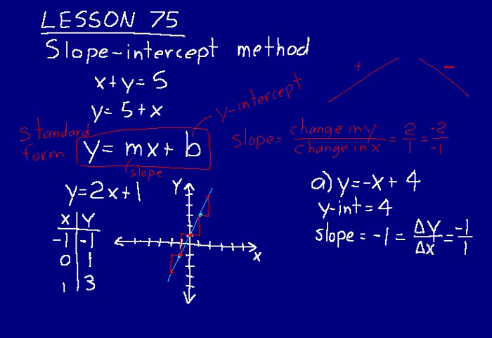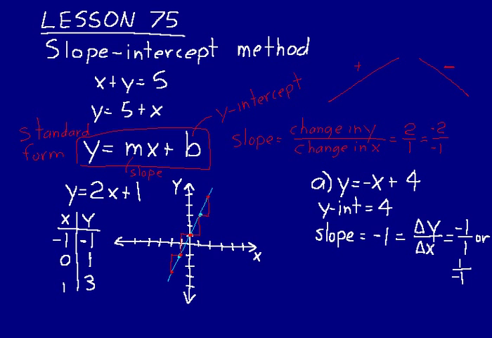Now since it's a negative number, it could also be 1 over negative 1. It doesn't matter. Either way, we can think about it. So what that means is that every time we move to the right 1, we would move down 1 as well. And that gets us back to our line.